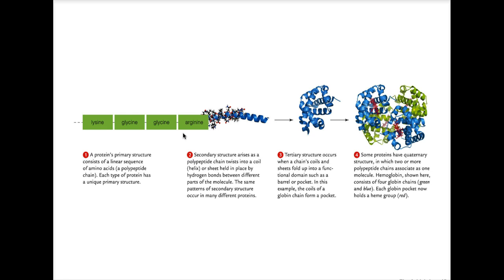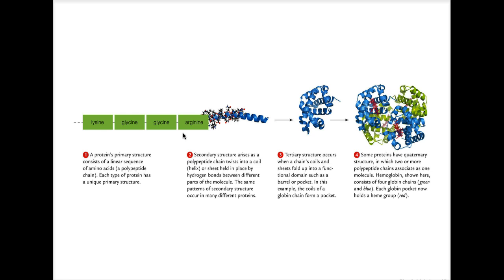That secondary structure then starts folding back on itself, creating what's known as a tertiary or a third level of folding. And this third level of folding is held together not just by hydrogen bonds, but by disulfide bridges, ionic interactions. Maybe a positive R group is next to a negative R group. Hydrophobic interactions.